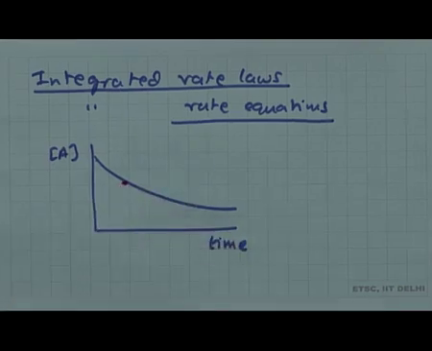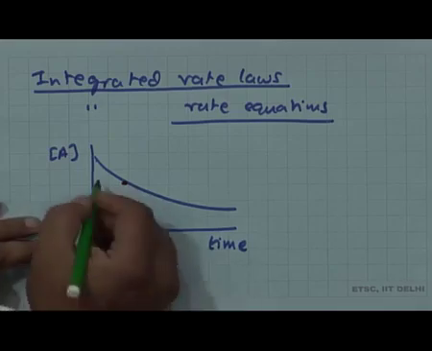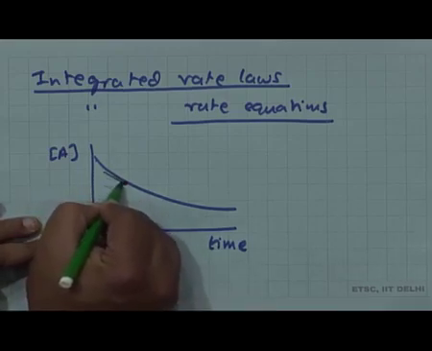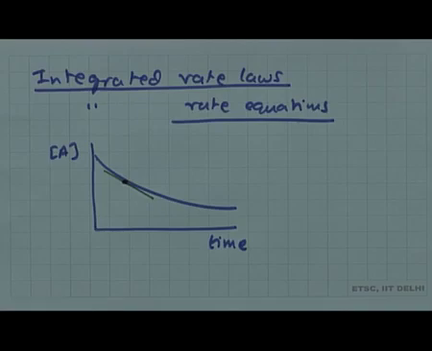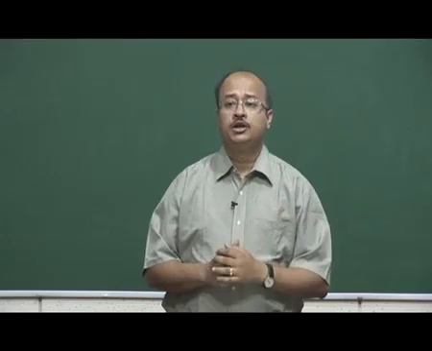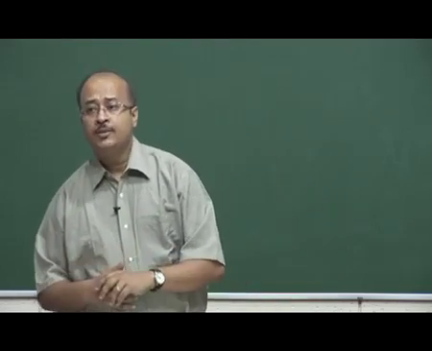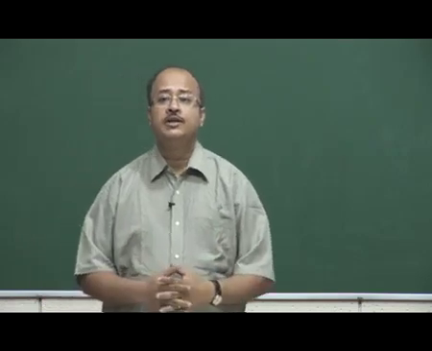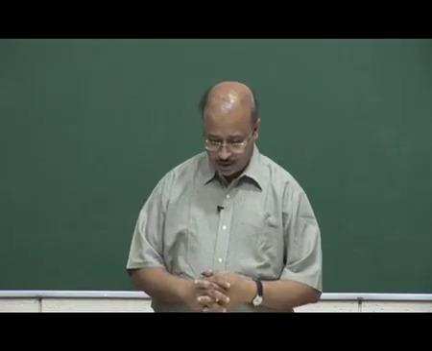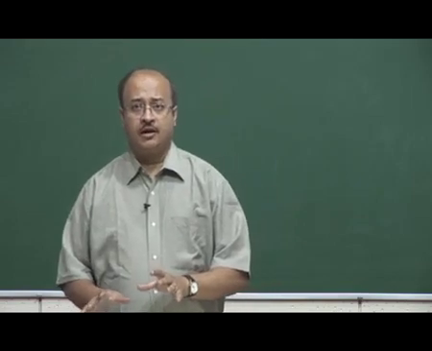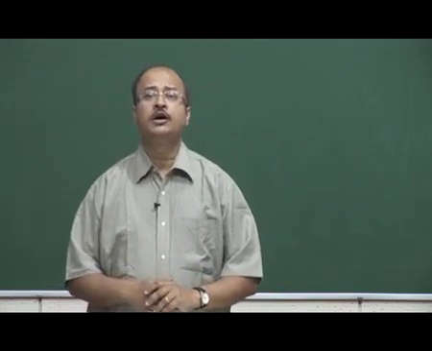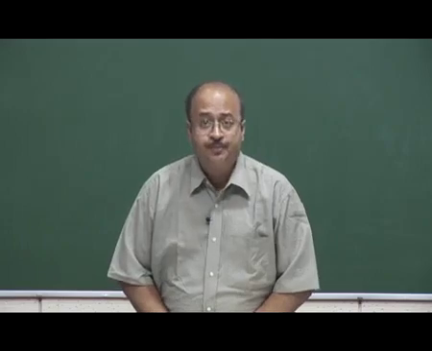What I would do is draw a tangent and then try to find out the instantaneous rate. But then the problem is that how accurately you draw the tangent will determine how accurately you figure out the instantaneous rate. That is why this is not the preferred way of doing it all the time.